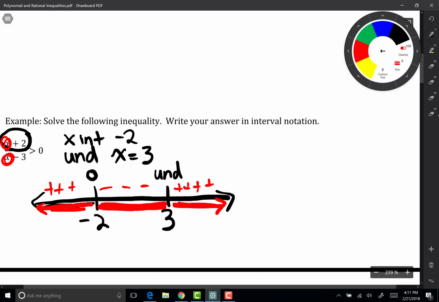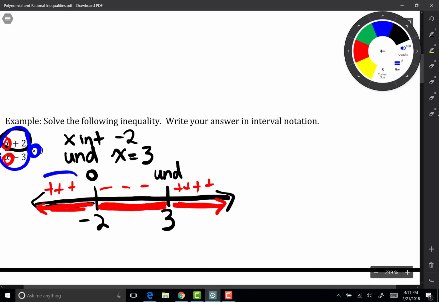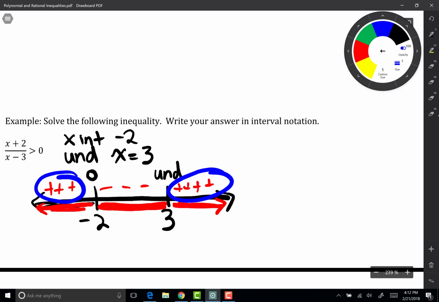So now I go back and look to see what the question says. I'm looking to see where this rational function is greater than 0. If it's greater than 0, we're looking for positive intervals. My positive intervals are here and here. I am not looking for where it's equal to 0, so I don't want to include any of my x-intercepts.